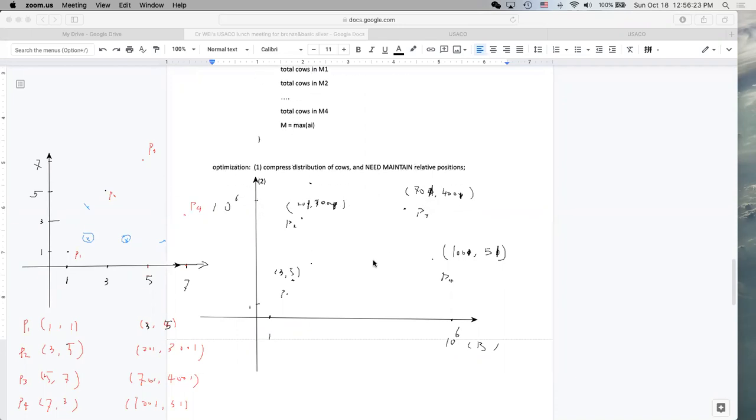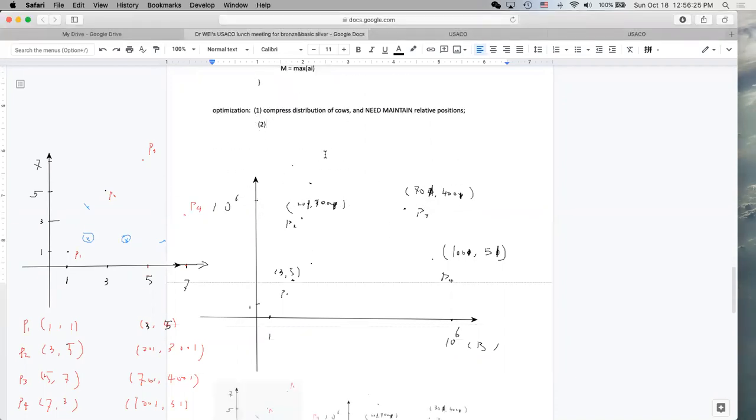Then how do we do that? So let's document the second optimization: decrease the repeated calculation in Brute Force inner for loop, in counting cows in each of 4 regions.